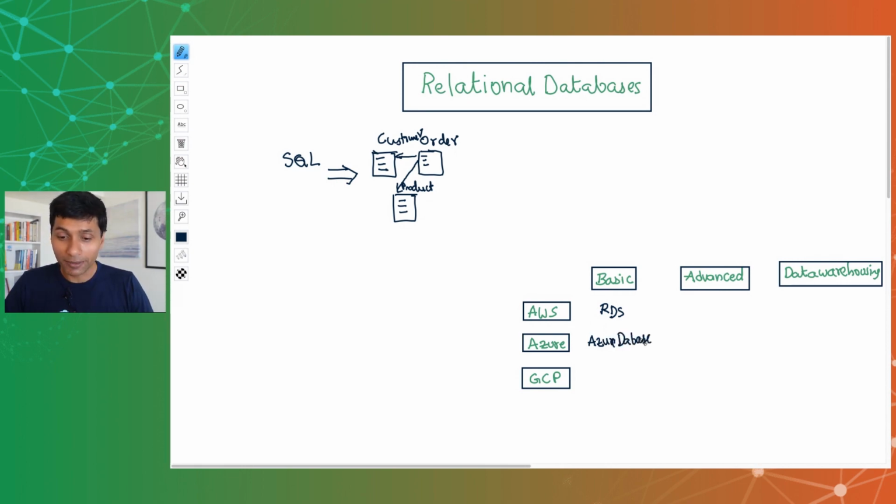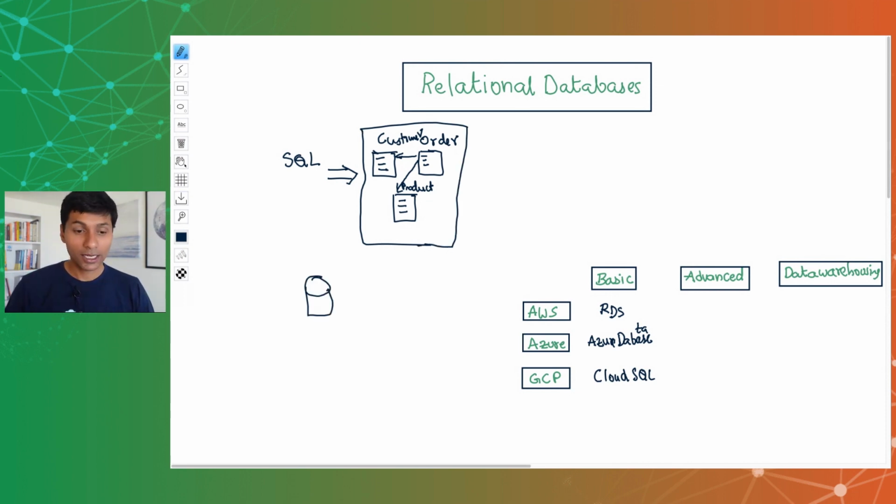You have Azure Database for PostgreSQL, you have Azure Database for MySQL, and also you have Azure Database for MariaDB. And in Google Cloud, the corresponding service is Cloud SQL. So RDS, Azure Database, and Cloud SQL are the cloud services which allow you to create relational databases in the cloud.